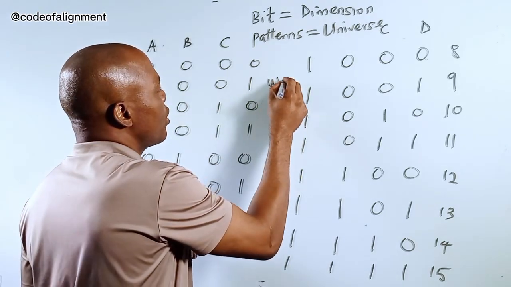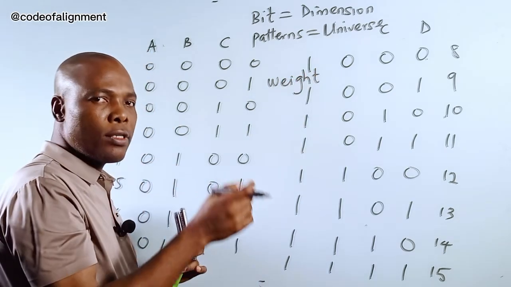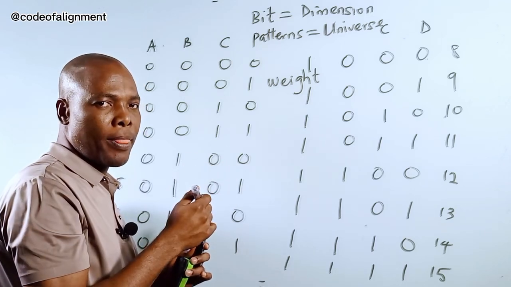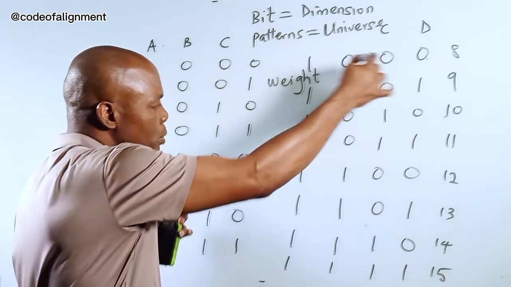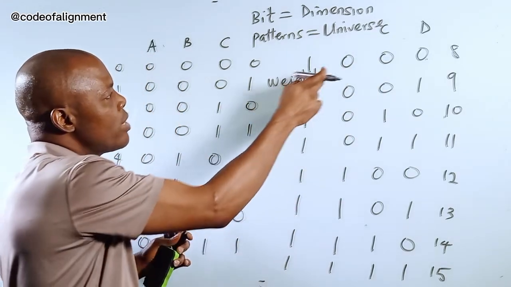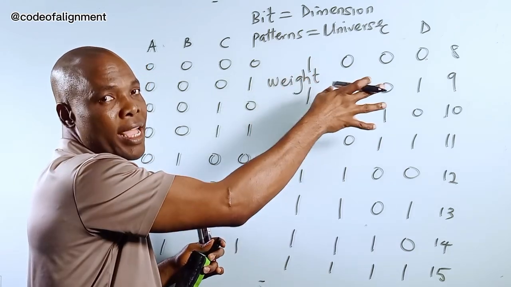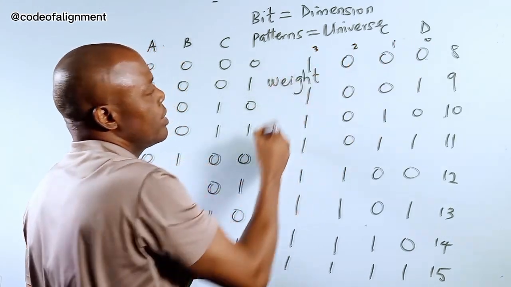But the position of this bit is what we call weight, right? And I've shown that to you in the positional number system. So the position will determine the value. So at this point, you are not seeing any value. But when you check the position of this bit in different states, like in this binary, this will be 0, this is 1, this is 2, and then this is 3.